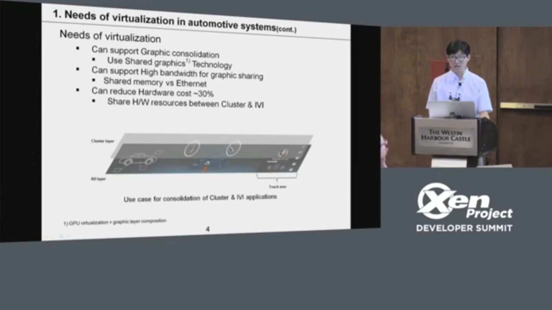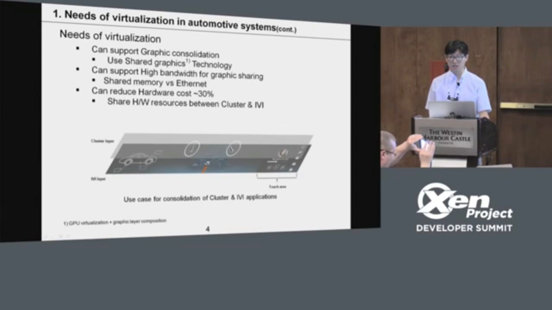Then in this slide, I'll explain why virtualization technology is needed for automotive systems. Before explaining, we exhibited an integrated UI/UX demonstration on a wide display using XenGT at the CES show last year.